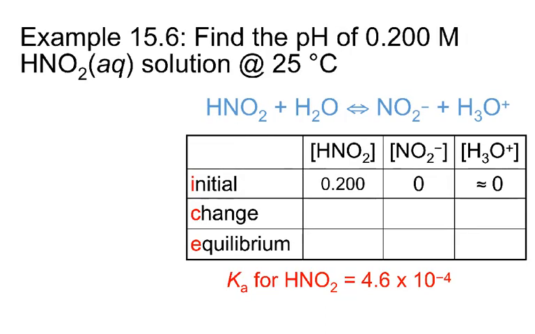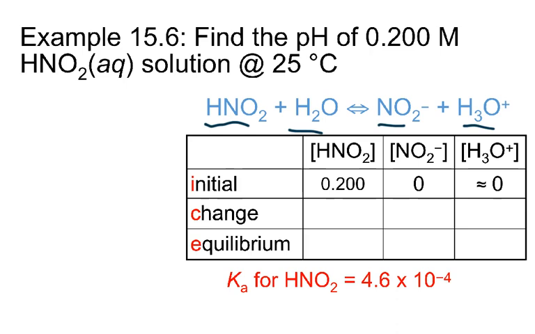So here is an example. Find the pH of a 0.2 molar nitrous acid solution at 25 degrees Celsius. And here is our equilibrium situation. The nitrous acid plus water gives us nitrite plus H3O plus, and the H3O plus is what we need to find our pH.